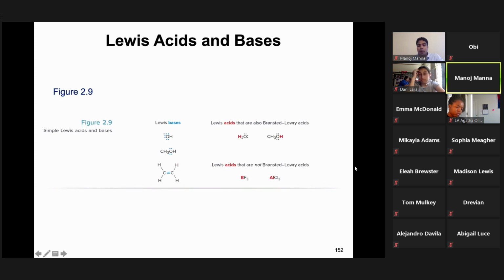But they are not Bronsted-Lowry acids, because the Bronsted-Lowry concept always requires an H plus donor. So these are not Bronsted-Lowry acids, but they are Lewis acids. Make sure you can differentiate based on the molecular structure.